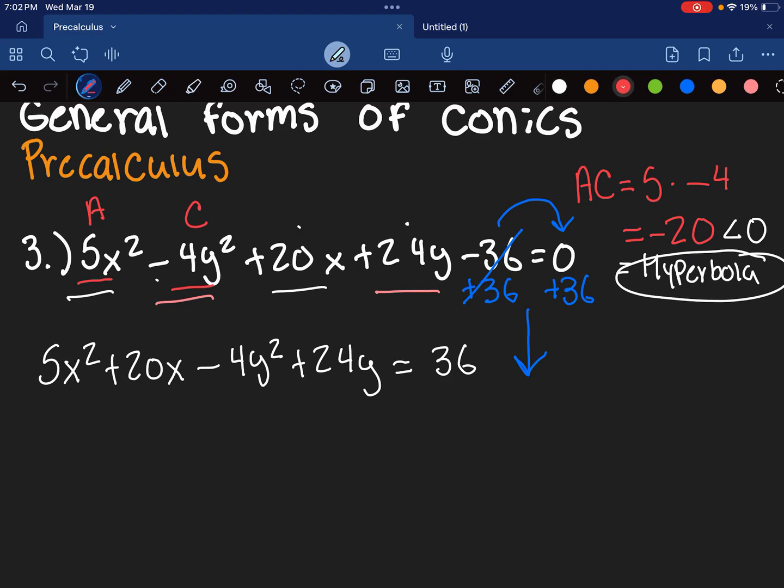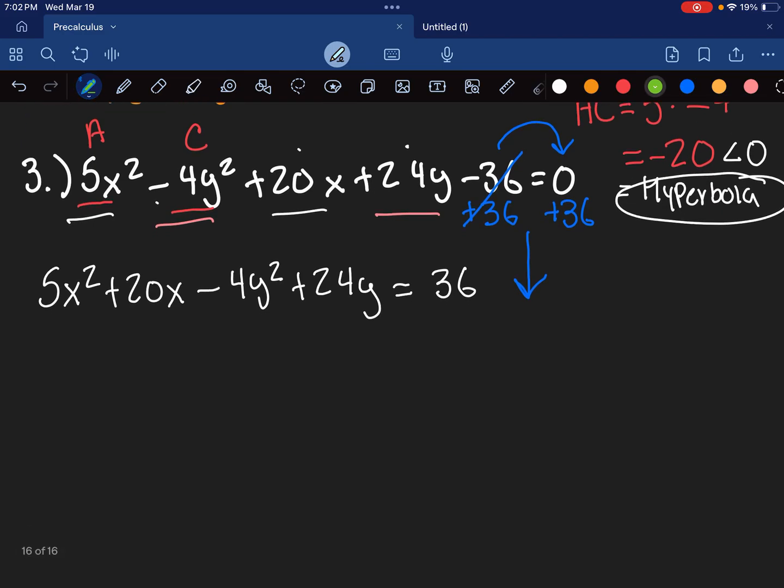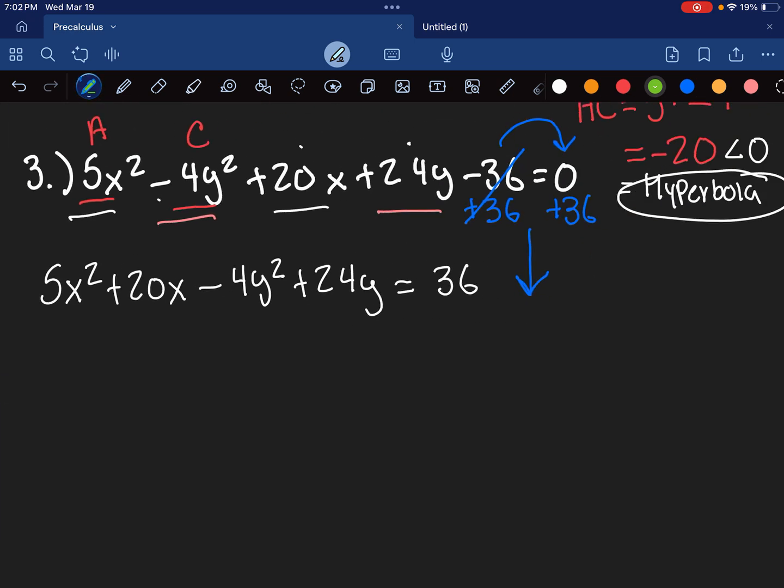So our next step for us to solve this equation is to essentially complete the square. What we're going to do is take this first term right here, the 5x squared, put it to the side, put parentheses, and do x squared plus, what we're going to do here is 20 divided by 5.